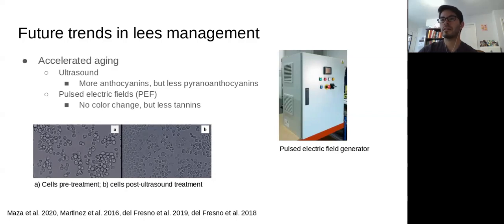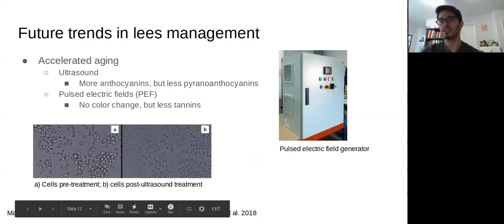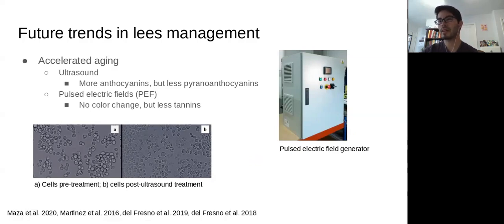And the second method I'll highlight is pulsed electric fields, or PEF. This method works by basically increasing the cell wall permeability. So it's a bit similar to ultrasound treatment in the effects. This image shows a PEF generator, which would then be connected to some probes that the wine would pass through, and an electric field would be applied.